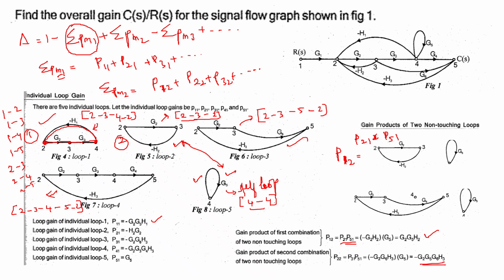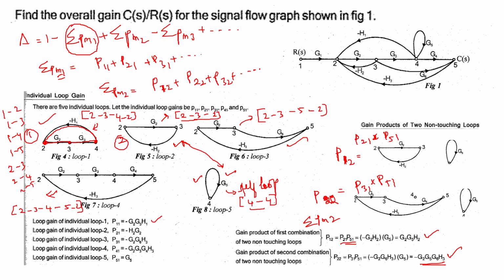We multiply these two, so P22 can be written as P31 into P51. We end up with minus G2, G5, G6 into H3. We can add these two to form sigma PM2.